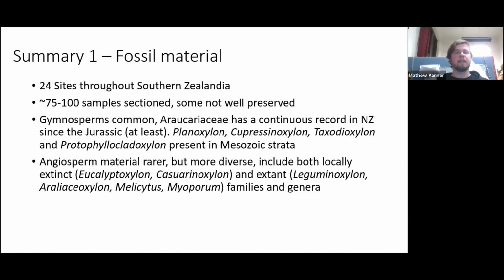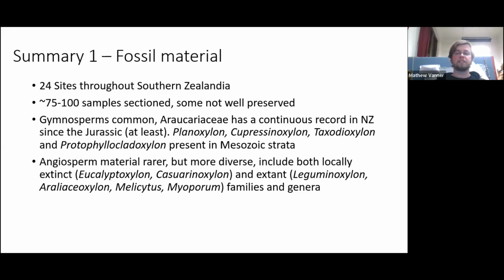So, summary: 24 sites throughout southern Zealandia were looked at, from the South Island to the Chatham Islands to the Auckland Islands. Somewhere between 75 and 100 samples were sectioned, but not all of them were identified because they weren't particularly well preserved. Gymnosperms are really common. The Araucarioxylon have a continuous record in New Zealand since the Jurassic at least, possibly a little bit longer.